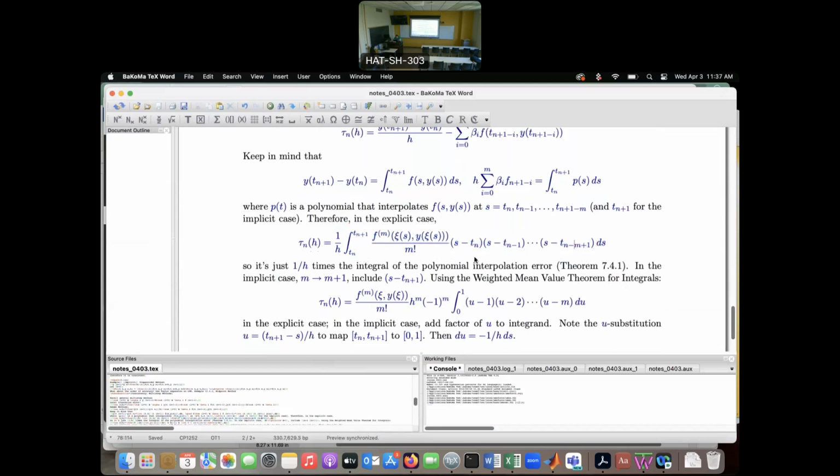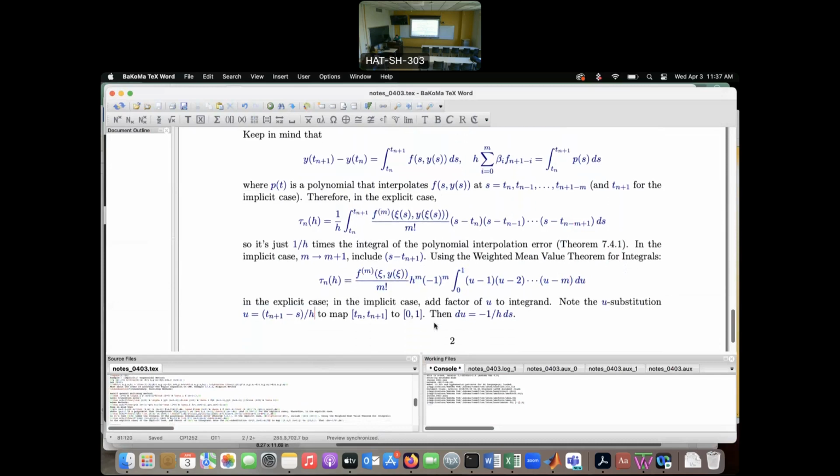So what ends up happening is this local truncation error can be expressed this way, where this integral is simplified: I make a u substitution. Here I have this integral with respect to s. I make this u substitution, that same one I showed you last time that maps your interval in time to [0, 1]. And now this integral can be evaluated so that we actually get a specific constant here.